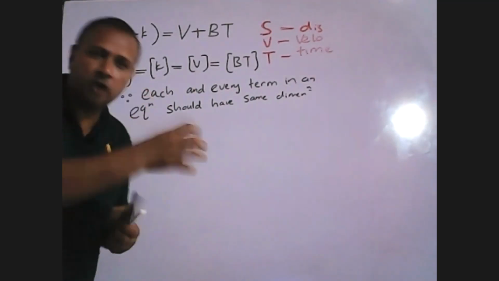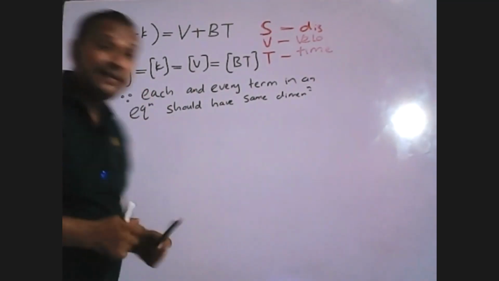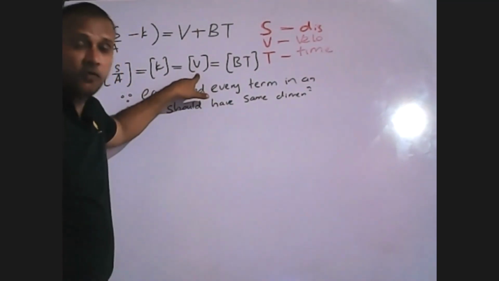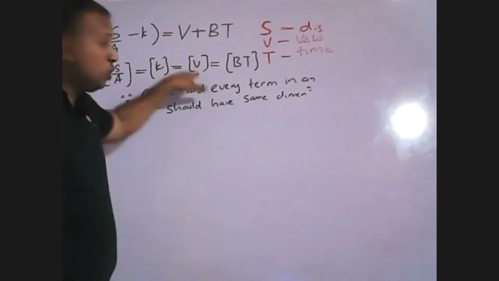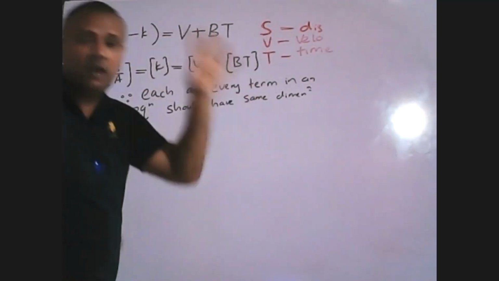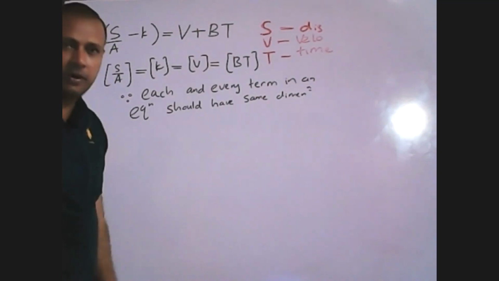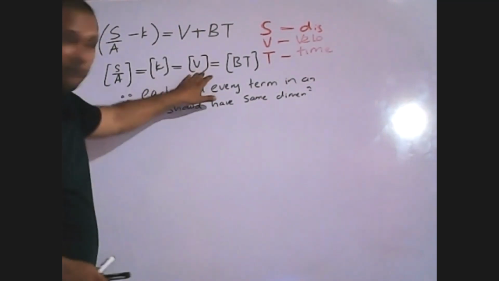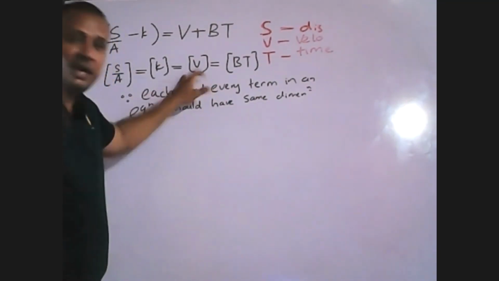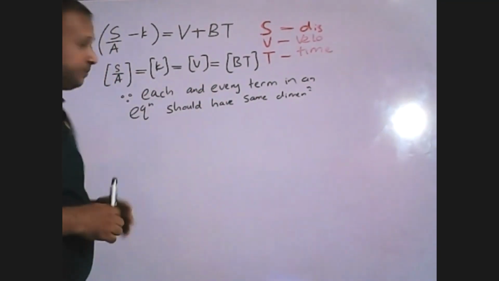That is our logic. Then there is a known one. What is that? Velocity. So all those terms should be a velocity. So there is a known one, that is velocity. From that, we can give our answers.